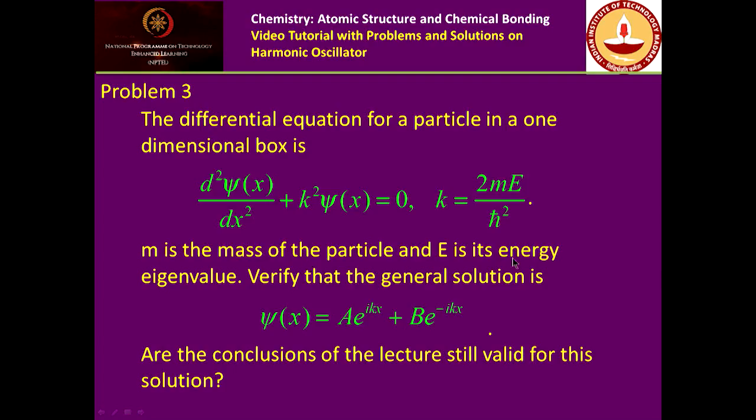Okay. m is the mass of the particle and E is its energy eigenvalue. The question is whether the following solution is also the right solution. Verify that the general solution is A exponential i k x plus B exponential minus i k x, where A and B are arbitrary constants. Are the conclusions of the lecture still valid for the solution?